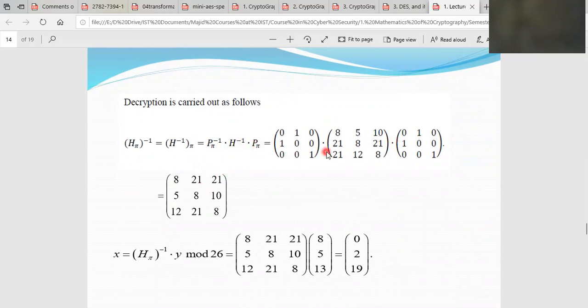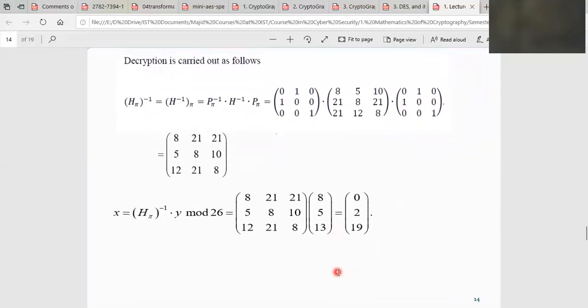We perform all these calculations and we get this matrix, which is needed in the process of decryption. So we have calculated this inverse matrix with y and get back our plain text.